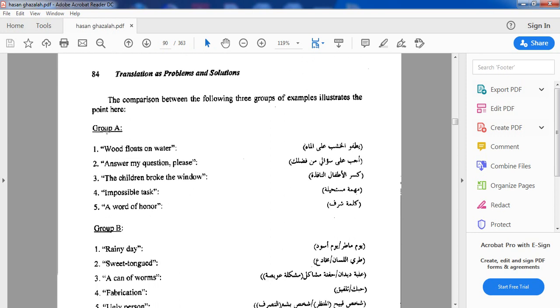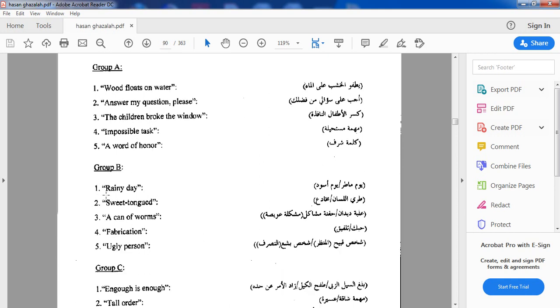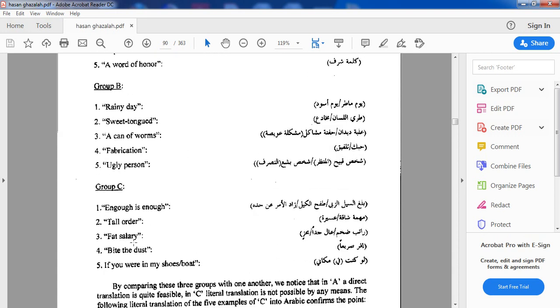Group A: wood floats on water, answer my question please, the children broke the window, etc. Group B: rainy day, sweet tongued, a can of worms, fabrication, ugly person. Group C: enough is enough, tall order, fat salary, bite the dust, if you were in my shoes or boat.